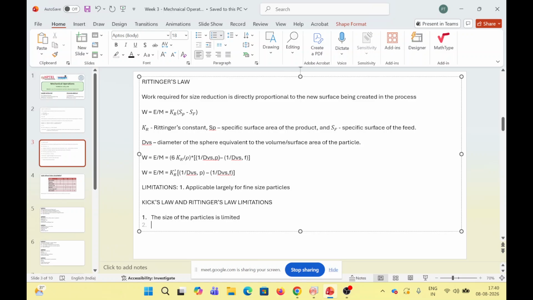And second thing is, the amount of energy that is used in the process does not account for the mechanical losses due to friction and inertia.